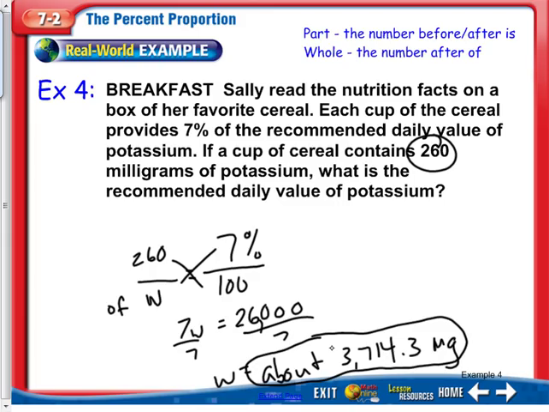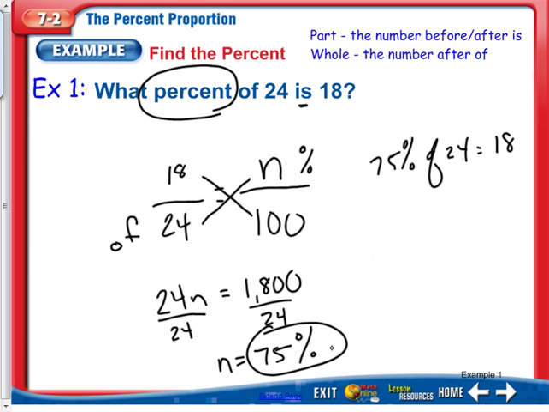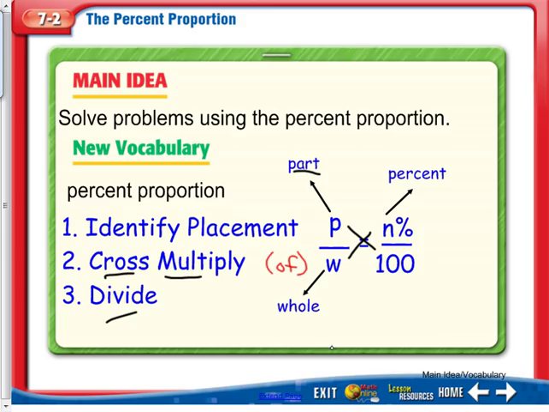So again, today's lesson is just helping us to learn how we can use the percent as a fraction. And in order to do that, it's really helpful for us to set it up as a proportion. Okay, remember to always set it up using our diagram here. We put the part on top of the whole, and we put n% over 100.